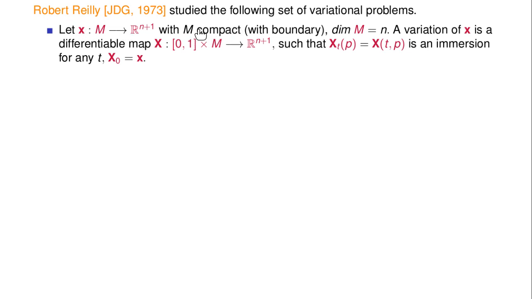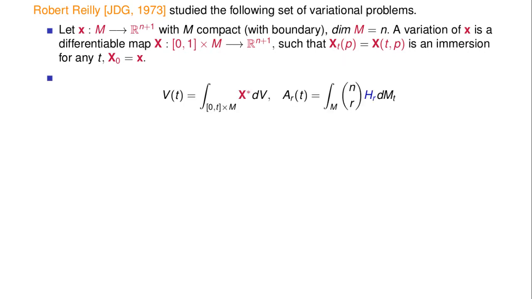I will take M compact, but in fact, one can also consider a non-compact hypersurface. A variation of the immersion is a differentiable map from [0,1] times M, such that at any stage it is an immersion. So for any fixed t, it's an immersion. The first one, x_0, is exactly our immersion.